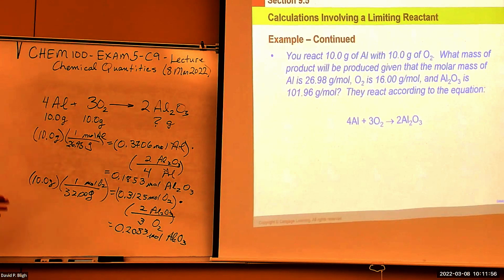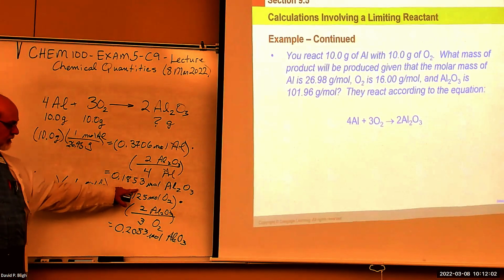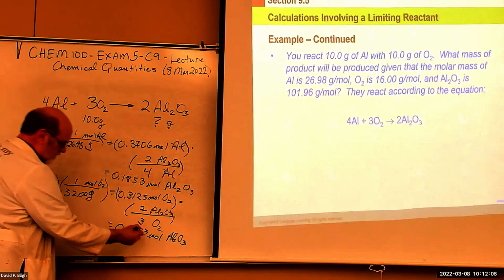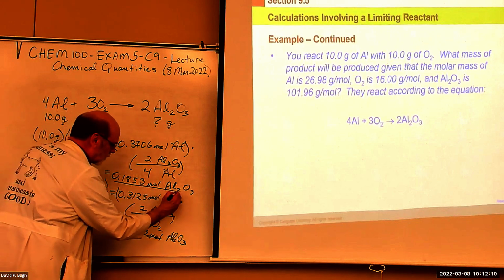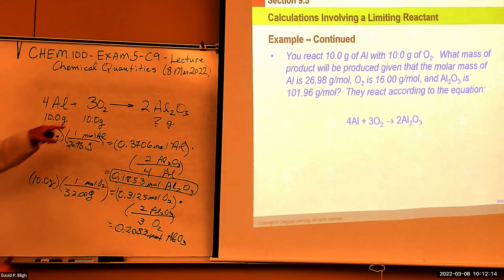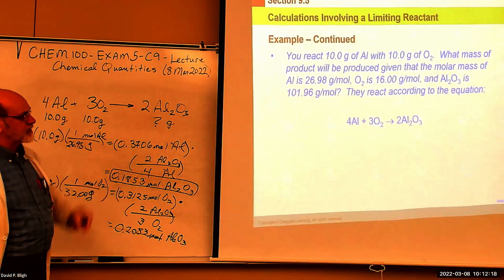And now we can tell which one runs out first. The aluminum is going to be consumed first. It produces the least amount. So now that we know, this one's out. This is the value that we're working on here. You want to convert that to mass of aluminum oxide.